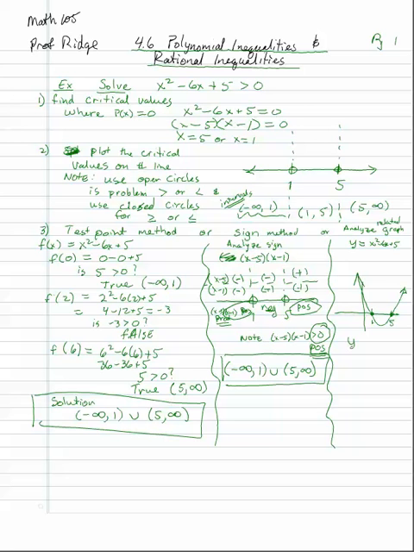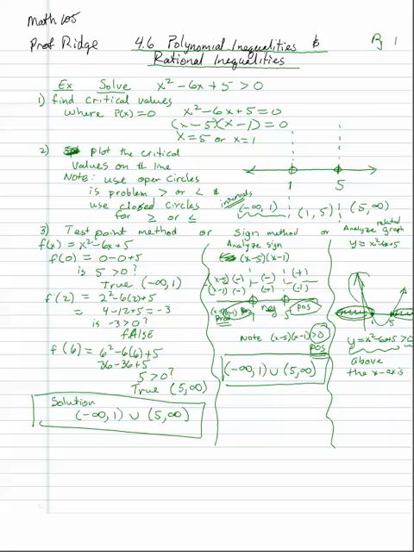And if I want y equals x squared minus 6x plus 5 to be greater than 0, that means this is above the x-axis. Greater than 0 means above the x-axis. So where is it above the x-axis? Well, it's in this portion and in this portion, right?